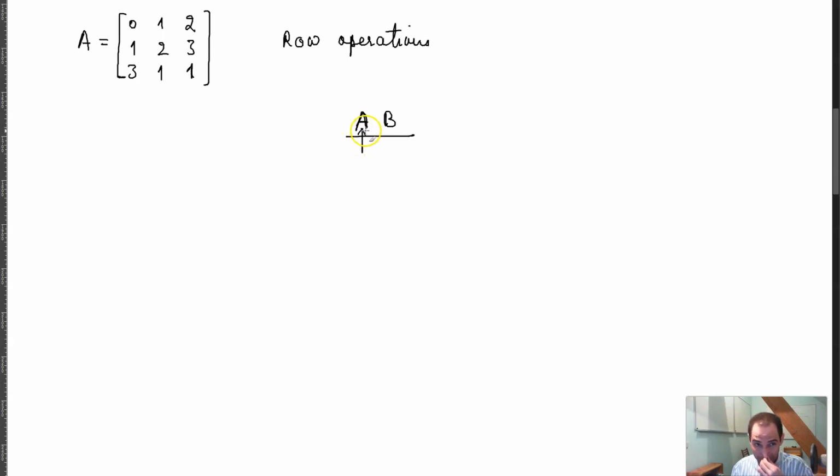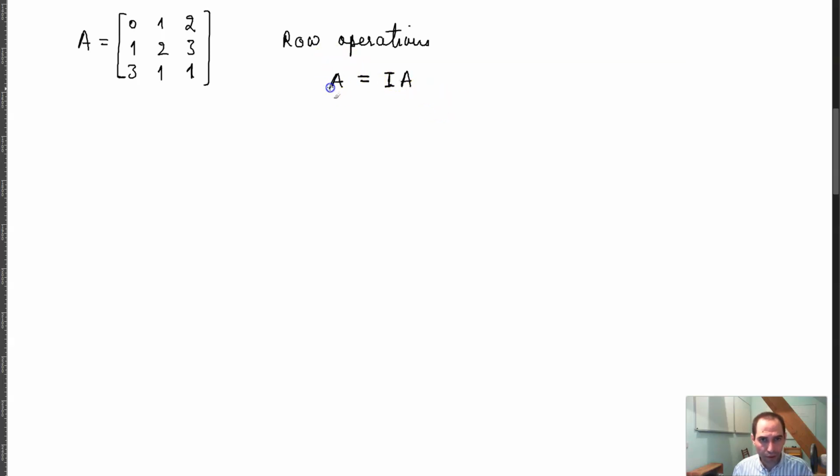So if I write I instead of A, and then write my A over here, and write it is equal to A, then I can do the row operations on the matrix on the right, and also do the row operations on this matrix.